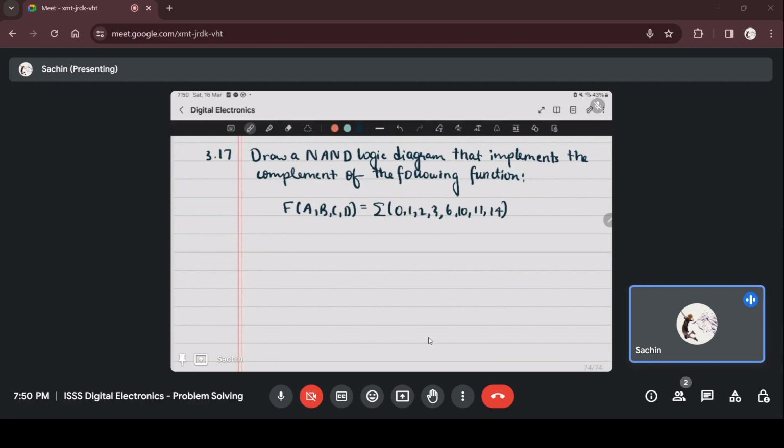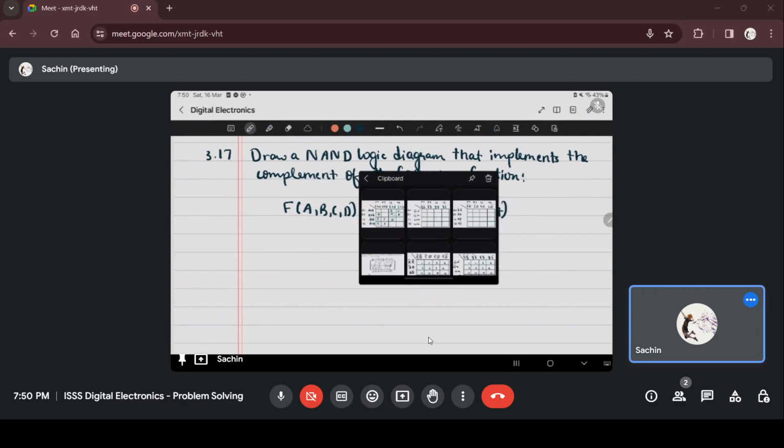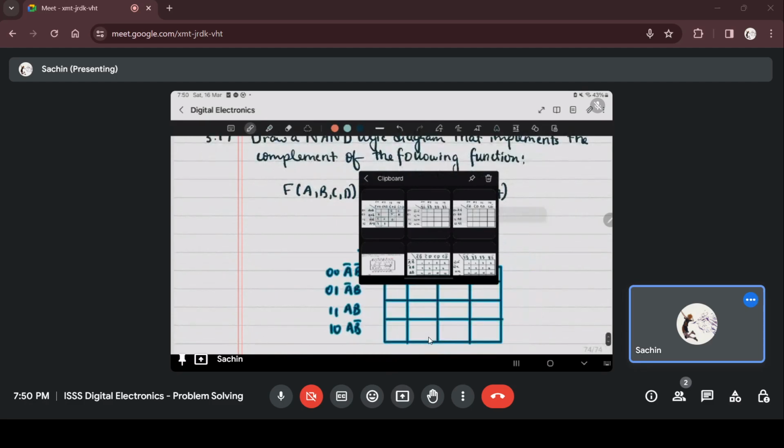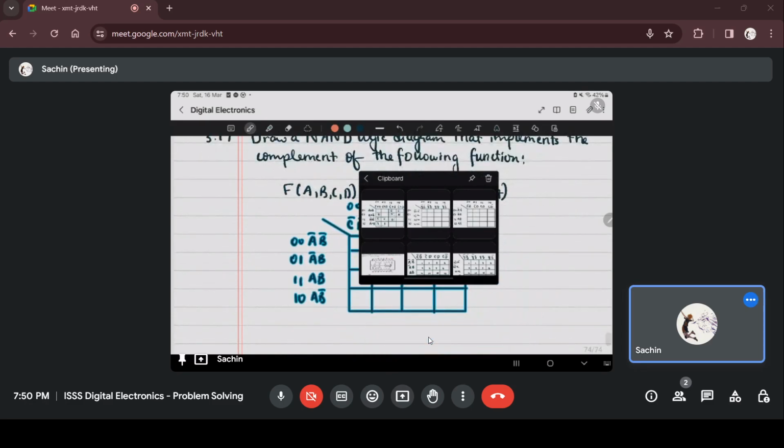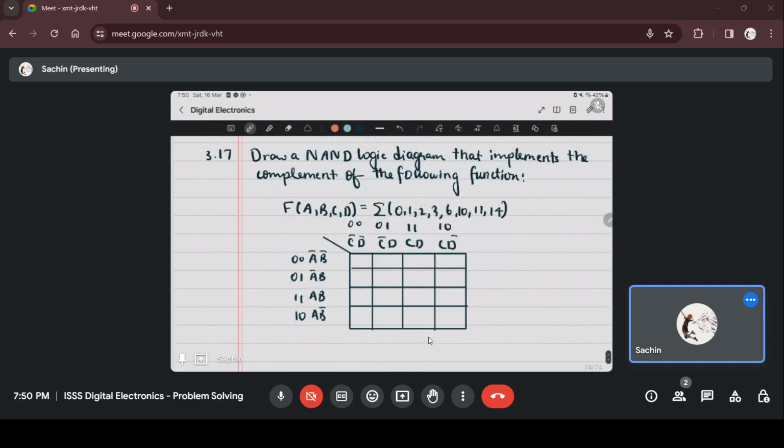First, let's simplify this expression using a K-map. The ones are filled in 0 1 2 3.